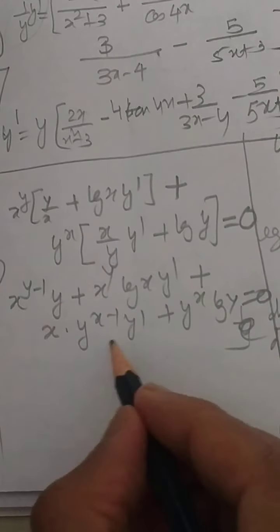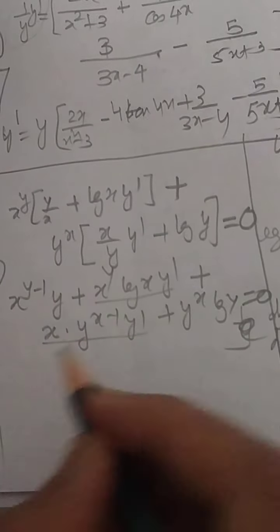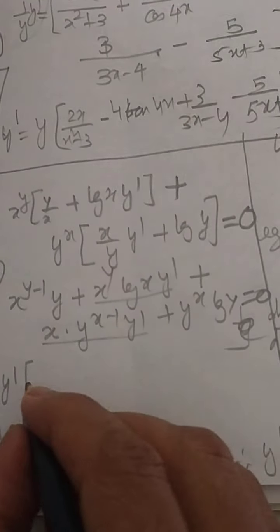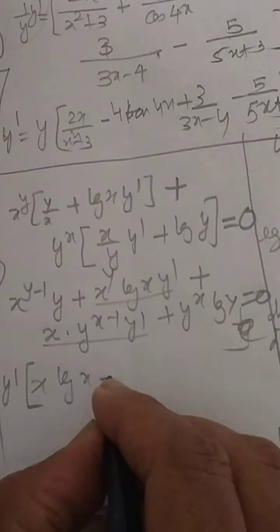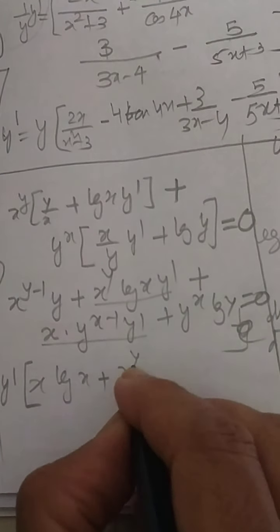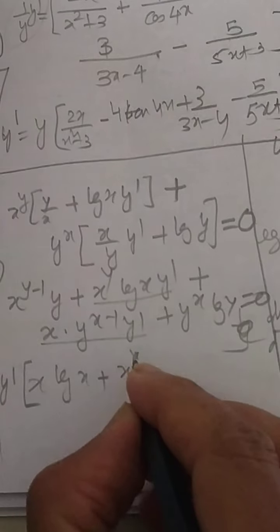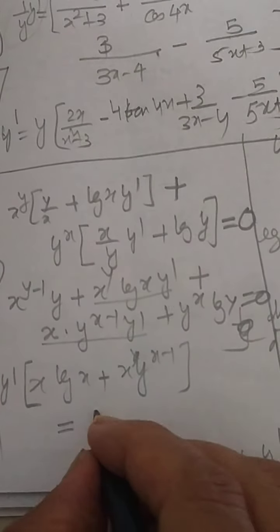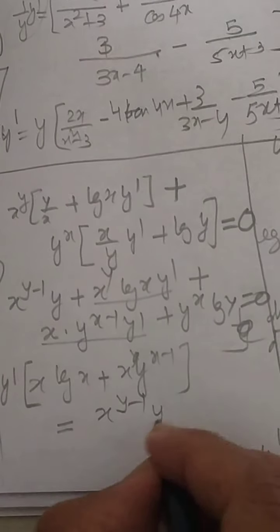Now there are two places where y dash is there. Collect y dash in one place. So you will be getting x raised to power y log x plus x into y raised to power x minus 1 into y dash will be equal to, the rest of the terms you can transfer to the right side.